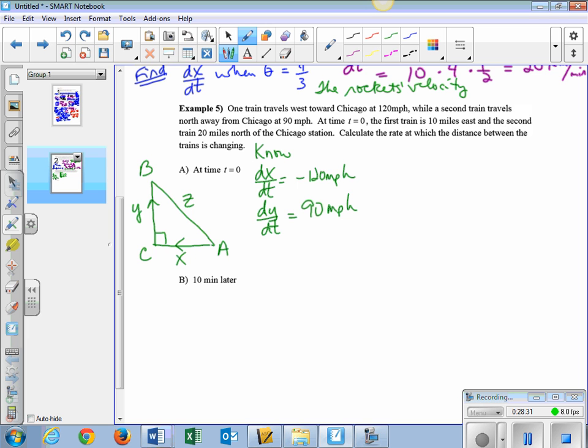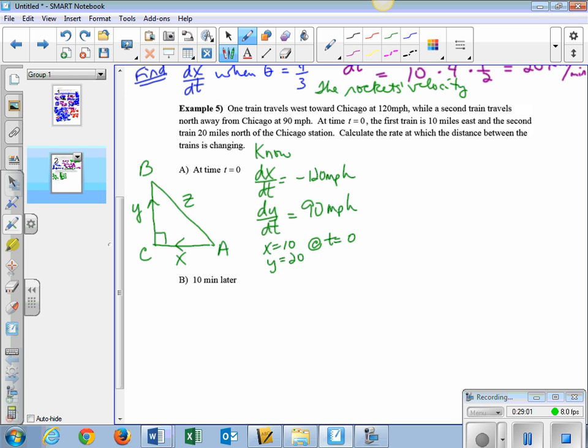Now the other thing, the little triangle that I use right there, all those sides are going to be changing, so those have to be variables. They also talk about the first train is 10 miles east and the second train is 20 miles north when t is equal to 0. So that is something else that I know: when x is equal to 10, y is equal to 20. And this is at t equal to 0.